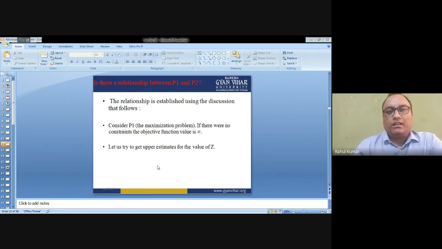If there were no constraints, the objective function value would be infinite. Let us try to get an upper estimate for the value of z.